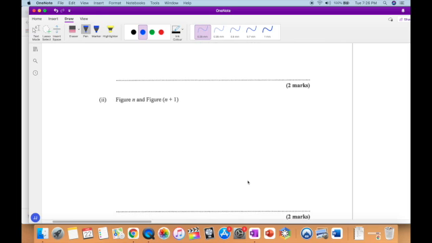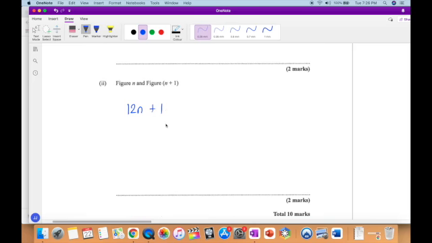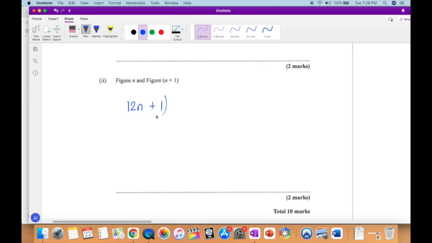So figure n will be 12n plus 1. Right? And then I added that to figure n plus 1. So figure n plus 1 will be 12n plus 1 plus 1. Right? So on this side I have 12n plus 1 plus, on this side I'll expand this out.